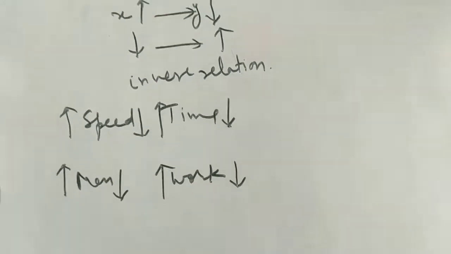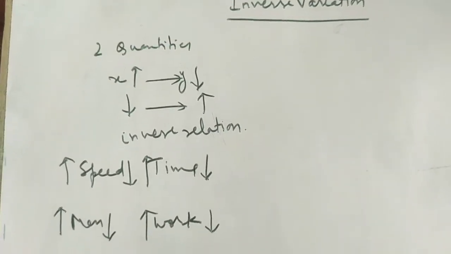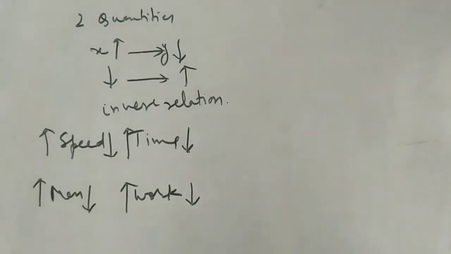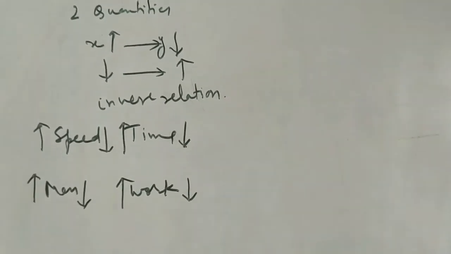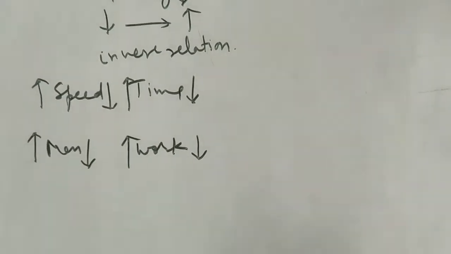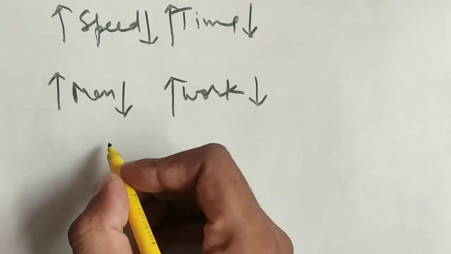So basically this is inverse variation. One type of change in one quantity results in the opposite type of change in the other quantity.